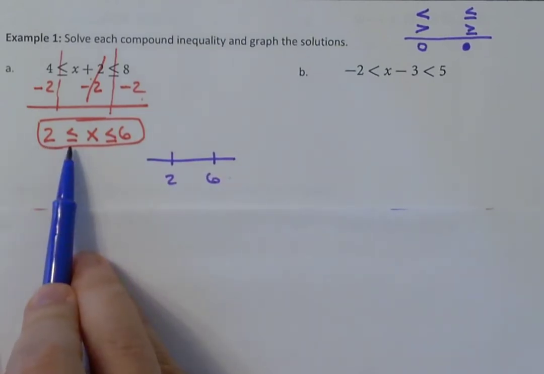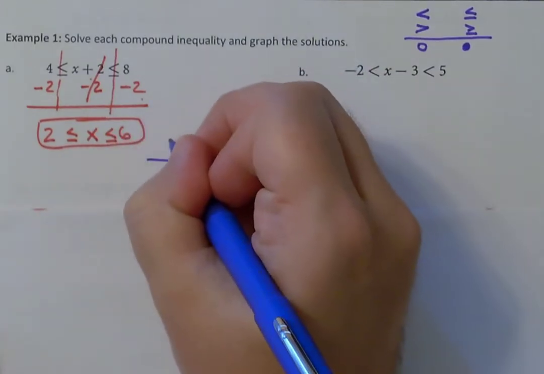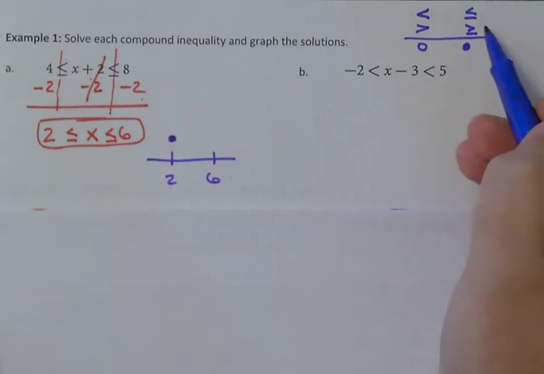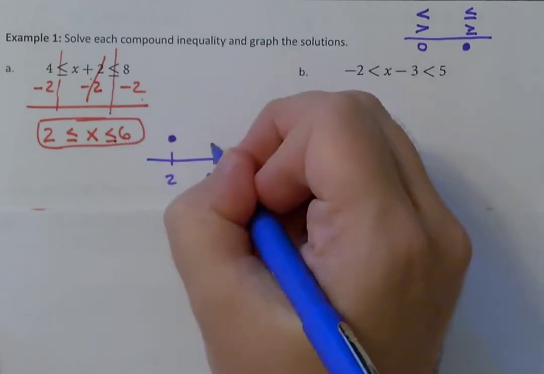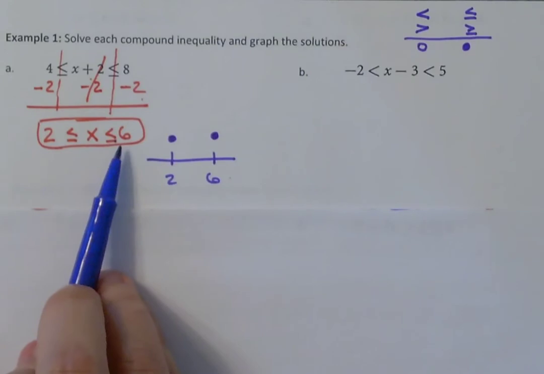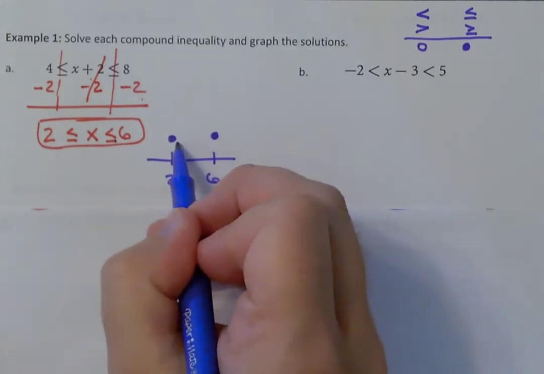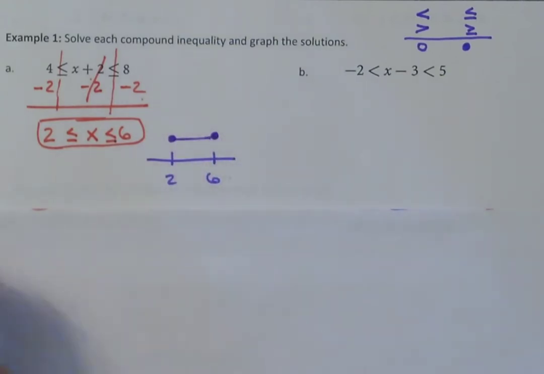If we look at 2, it has a less than or equal to sign next to it, which means this is going to be a closed dot, like we see here, and then less than or equal to next to 6, so another closed dot. Because this is one whole statement considered an and statement, all we need to do is connect the two dots, and that is our graph for this problem.